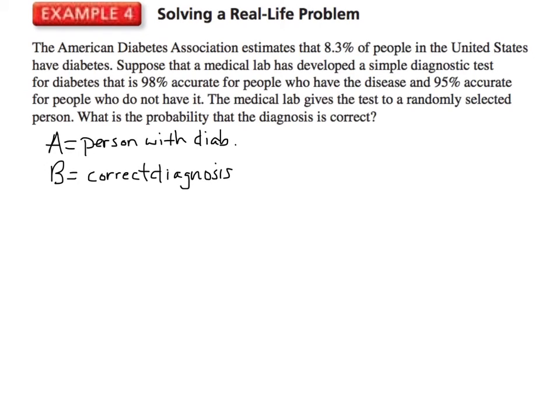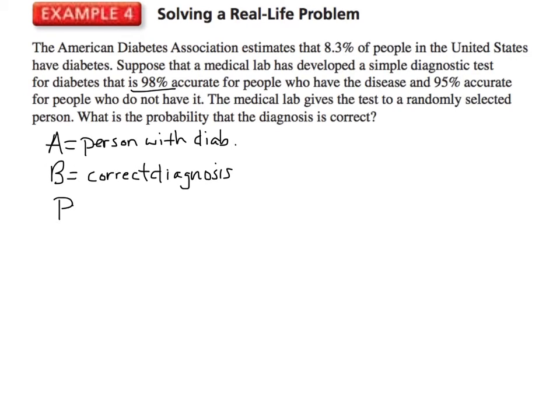When A occurs, if A occurs, the person has diabetes, 98% of the people are accurate, or the test is accurate for those people.